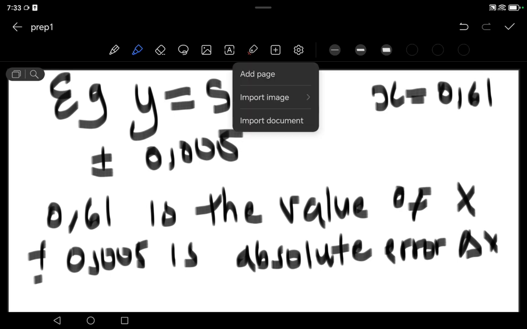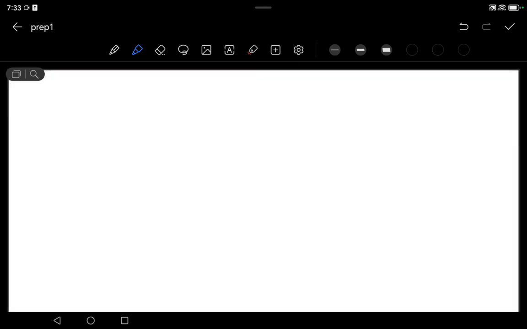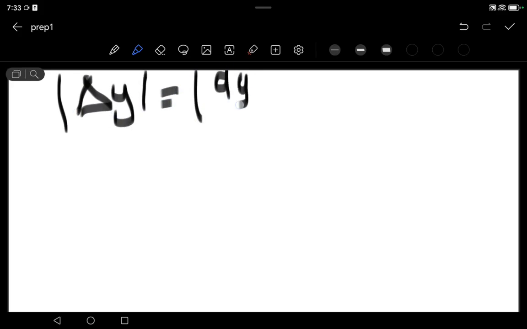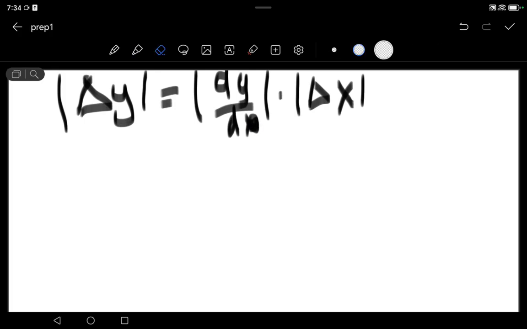They want us to estimate the maximum error of y equals sine squared x. Our formula is absolute change in y equals dy over dx multiplied by change in x. We're given change in x, which is 0.005, and the value of x, which is 0.61.